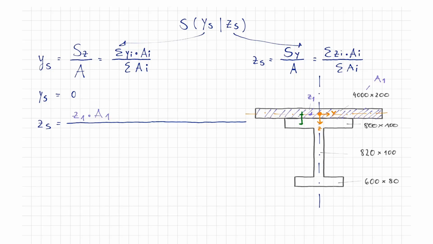The next sum is z2 times A2, the centroidal distance of the flange times the flange area A2. Afterwards, we multiply the center of the web height by the web area, z3 times A3. And finally the centroidal distance z4 times A4.